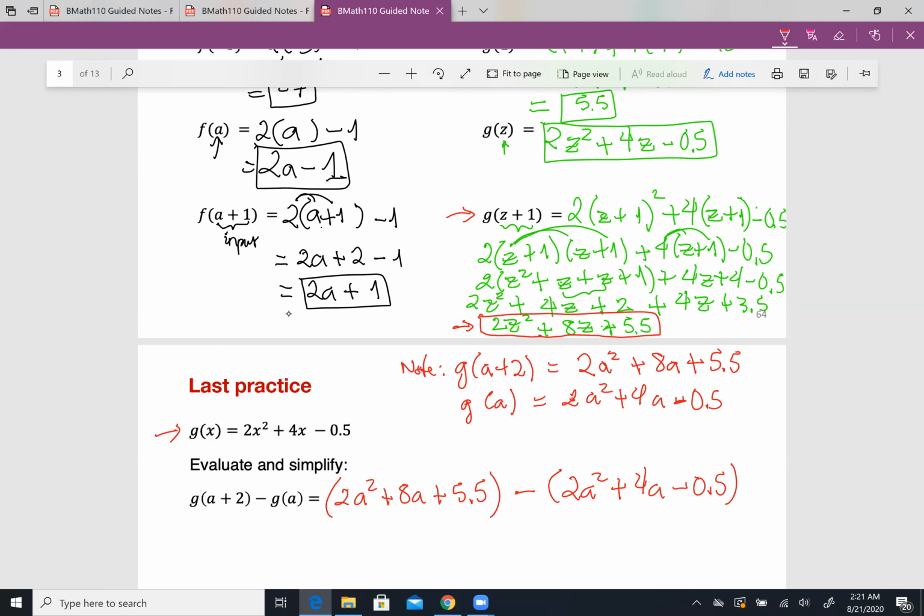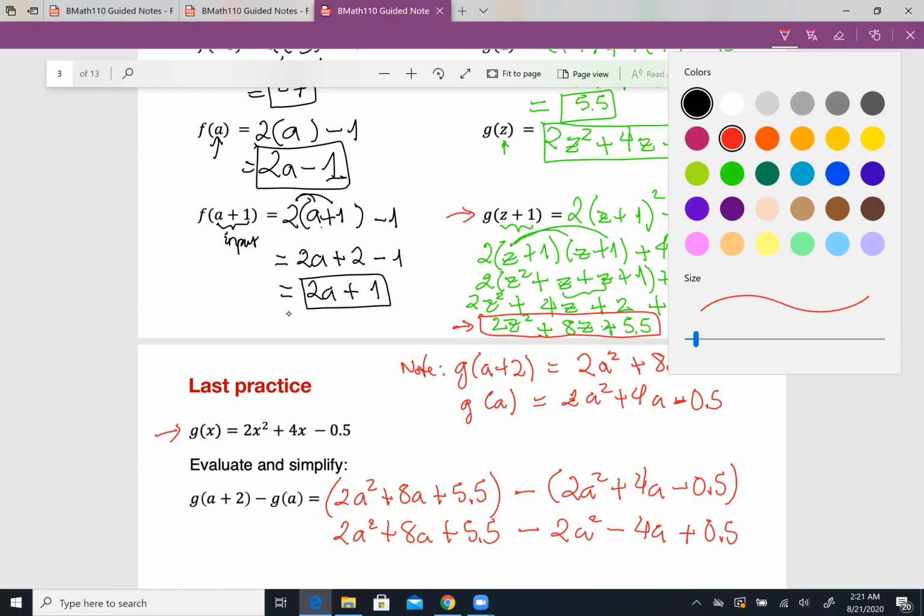Okay, so now I will open the parentheses for the first term, and for the second term, because of the negative in front of the parentheses, I have to change all the signs.